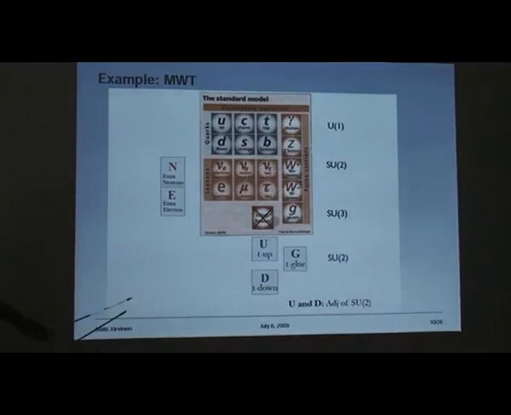There are probably many ways to get rid of the anomaly, but the easiest one is that, as well as an extra family of techniquarks, you introduce an extra pair of leptons, where both the neutrino and the electron are supposed to be so heavy that they are not seen in present experiments.